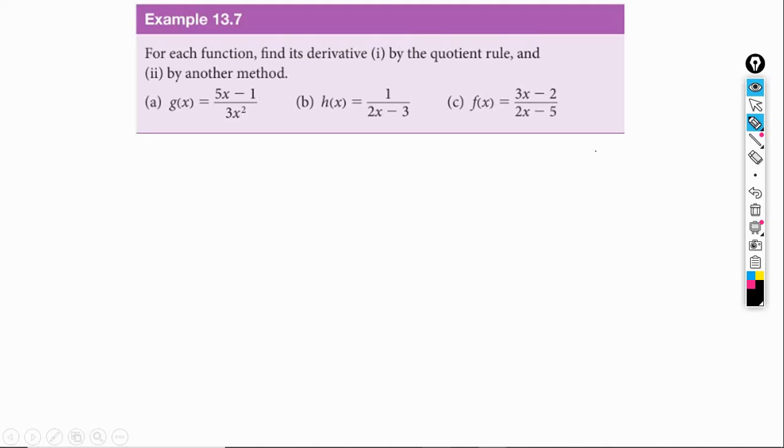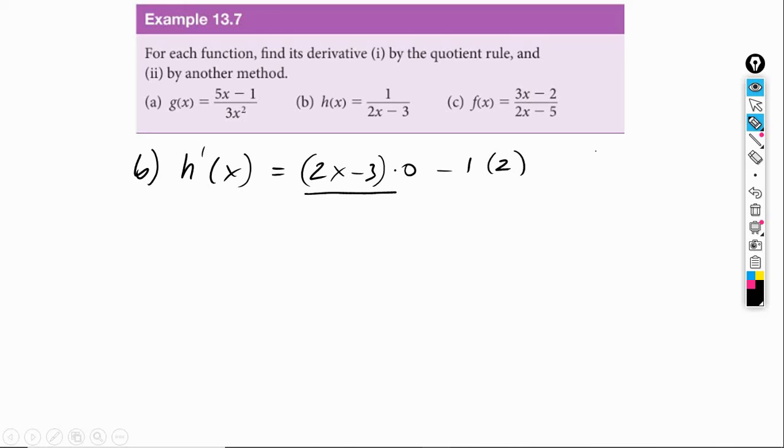Okay, so now let's work on b. So first let's use the quotient rule. Okay, so the derivative of h would then be, remember it's low d high, right? So low is 2x minus 3 times d high, the derivative of 1, which is a constant, will be 0, minus high d low, so 1 minus 1 times the derivative of the denominator, which is just 2.